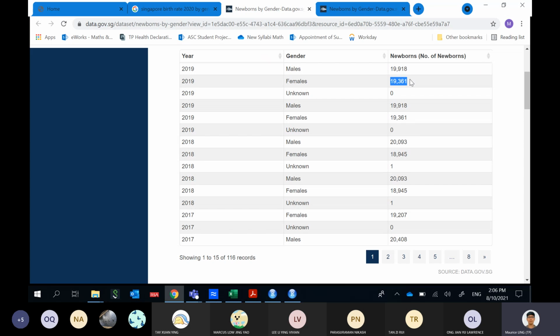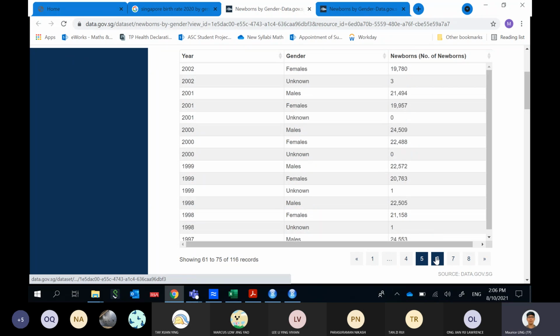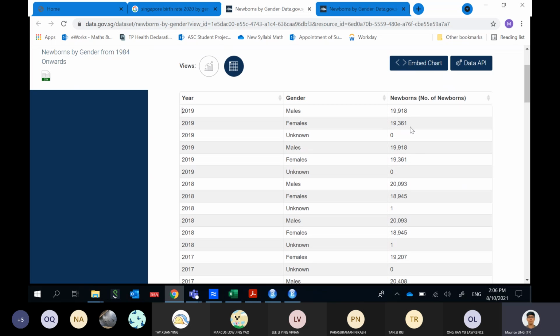Now, every year, more or less, Singapore is dropping in terms of birth rates. If you go back all the way to 2000, you're talking about 25 to 22, so nearly 47 thousand. But remember 2019, you barely have 40,000.